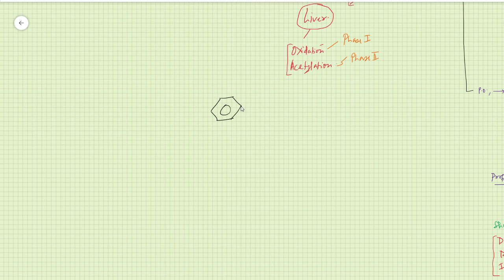So let's write the general formula of sulfonamides. Okay, so this is a general formula of sulfonamide.